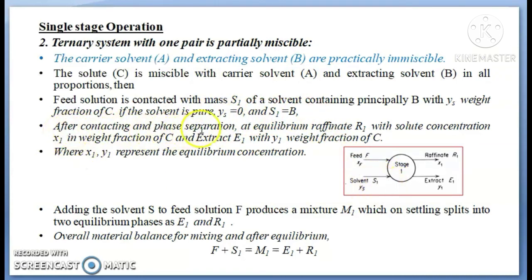After contacting and phase separation at equilibrium, we get raffinate R1 with the solute concentration X1 as the weight fraction of C, and extract E1 with Y1 as the weight fraction of C. As indicated in the diagram, X1 and Y1 represent the equilibrium concentrations. Adding the solvent S to the feed solution F produces a mixture M1, which on settling splits into the two equilibrium phases E1 and R1.